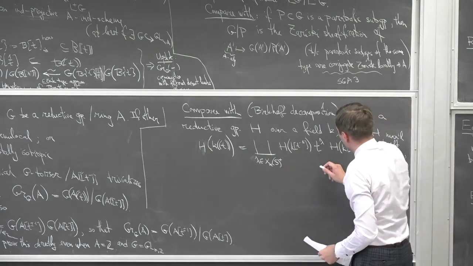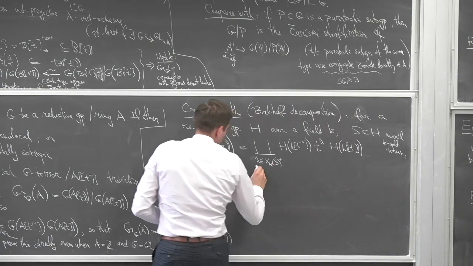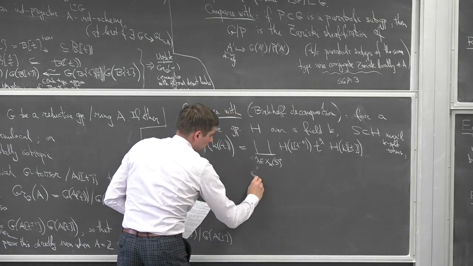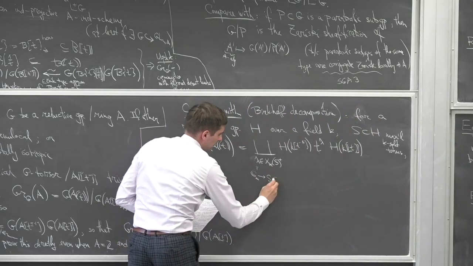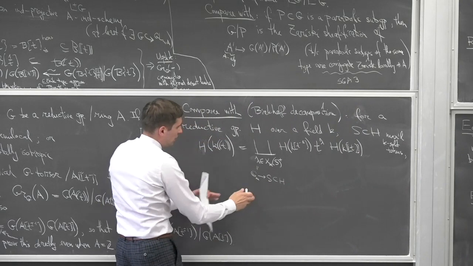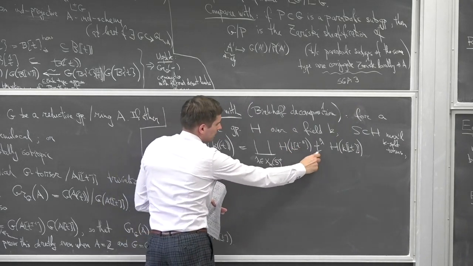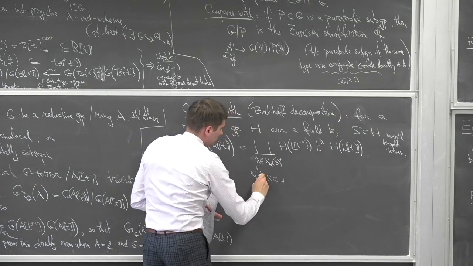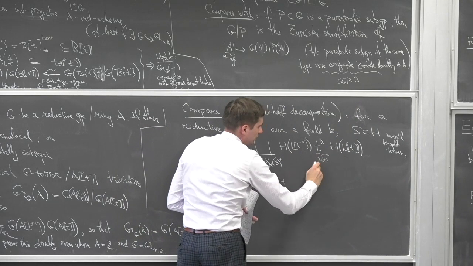So first of all, what is this lambda? Lambda is a co-character. It's a map from Gm to S. This is all defined over K. And this is just the image of T under lambda.